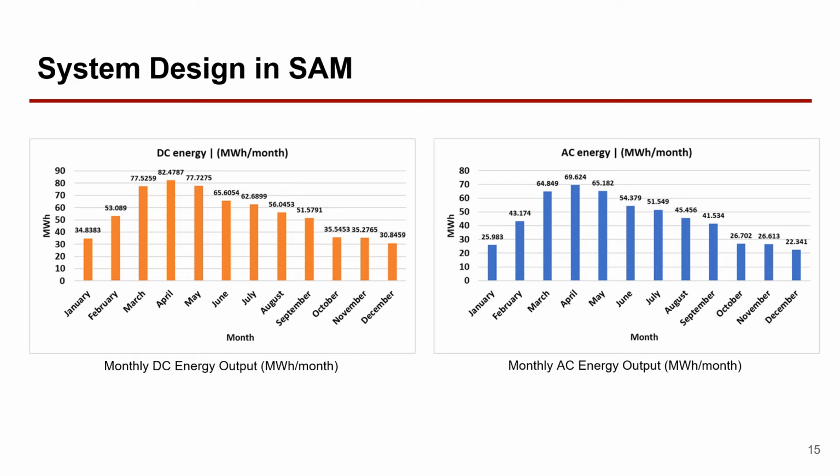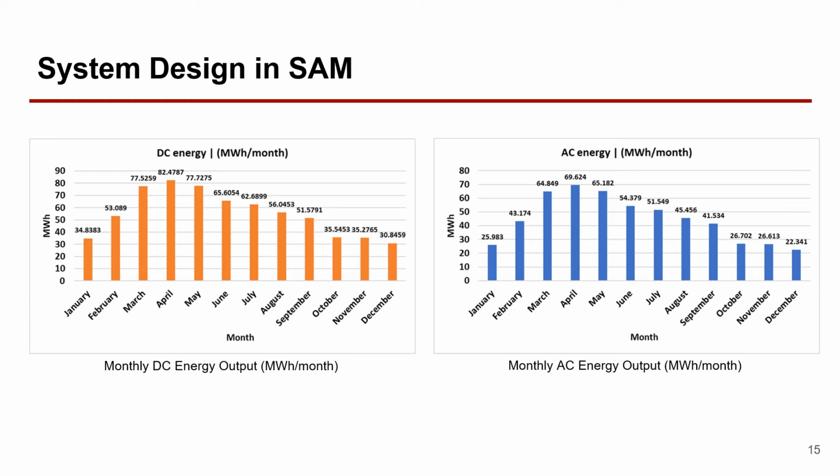For the output of the simulation we did in SAM software, we got the monthly energy output in both DC and AC. Here on the left side, we can see the plot of the monthly DC energy output in megawatt hour per month, where the highest output was in April with 82.47 megawatt hour, and the lowest was in December with 30.84 megawatt hour.